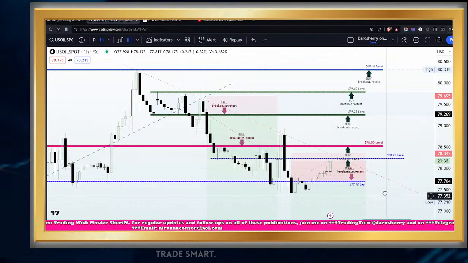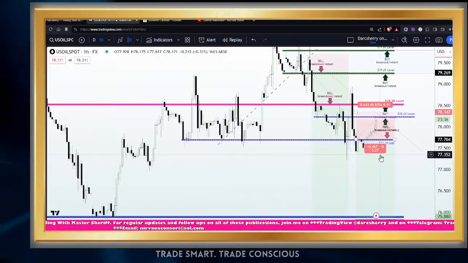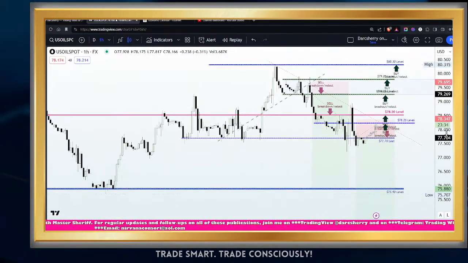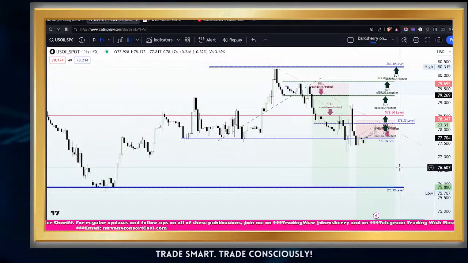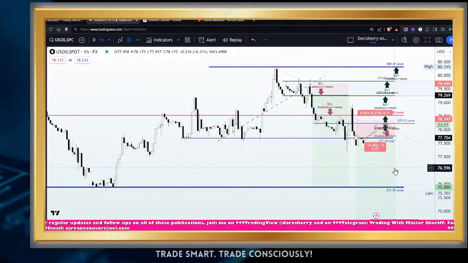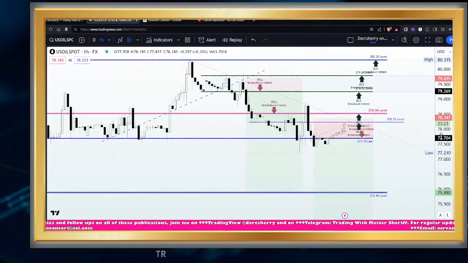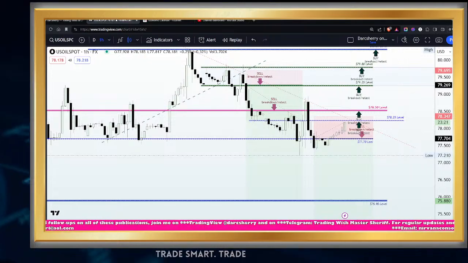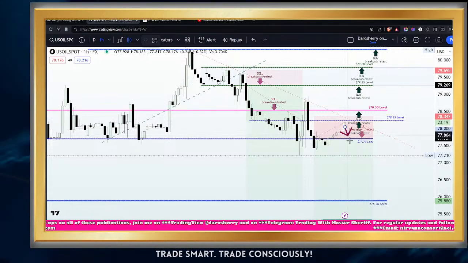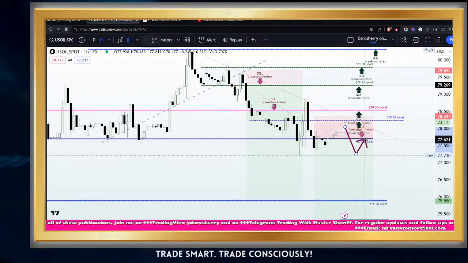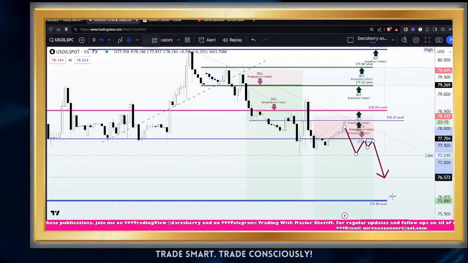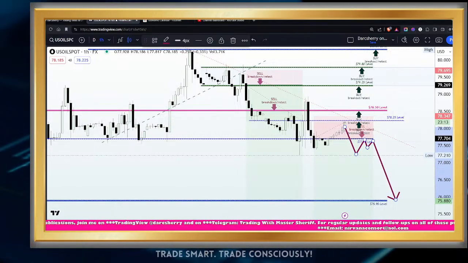Now, in as much as we're looking out for a bullish bias, what are the conditions that will still open us up to more selling opportunities at this point? For me to sell this asset, I really need to see a significant confirmation below the $77.70 area: a breakdown, a retest, and continued selling pressure below the structure before I jump into any position.